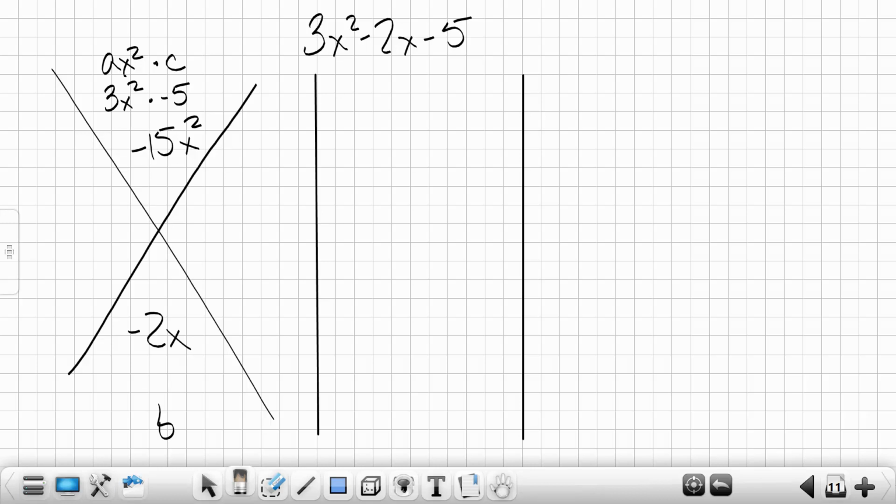Then we jump over to the middle column, and we write down everything possible using integers that multiplies to negative 15x squared. Well, we have x times negative 15x.